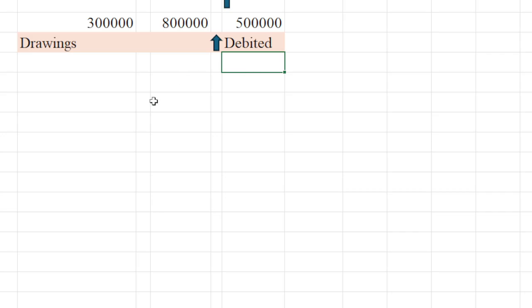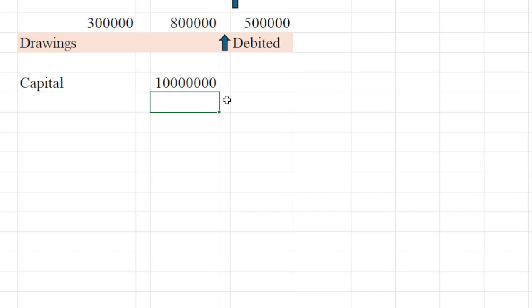Let's say the capital is 1 crore and drawings are to the extent of 50 lakhs.